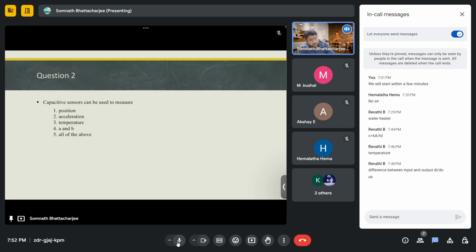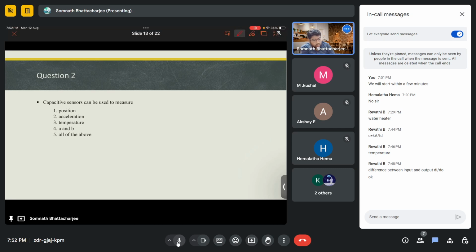Just start with this question maybe. So can it measure position? Is position measurable using a capacitive sensor?